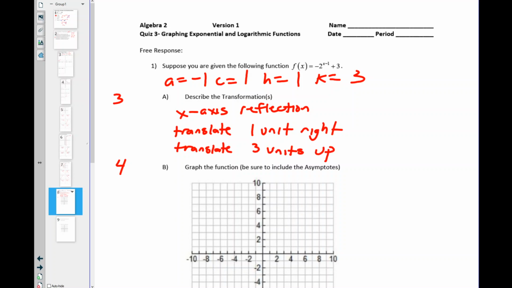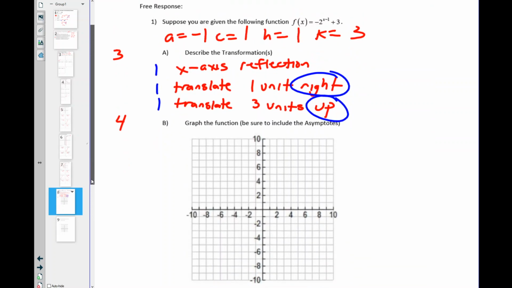If you put horizontal translation 1 unit right, even better. If you put vertical translation 3 units up, even better. But by putting the words right and up, that already implies horizontal or vertical. And it was obviously 1 point each. 1, 1, 1. Any questions there?